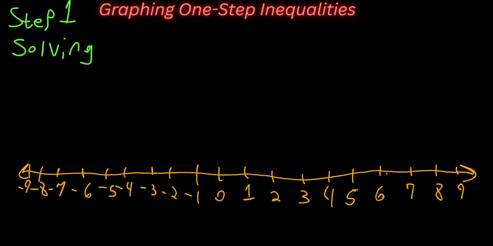And what we're going to learn is that we're going to do what we call shading in. We're basically going to find the range of values, and we're going to say that everything in that direction, or in the opposite direction, is included in the inequality.